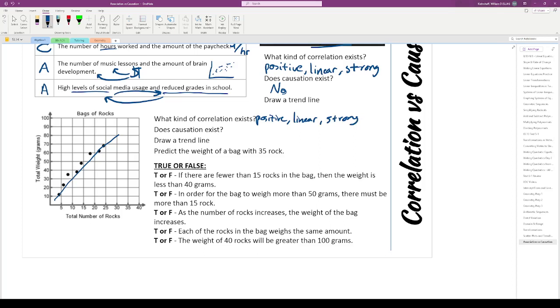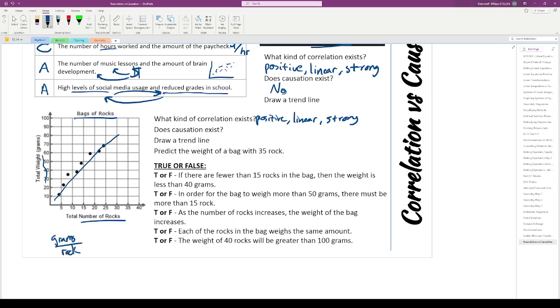Does causation exist? Total number of rocks and total weight. So I assume, bags of rocks. So you think about what this represents. We have a density of rocks, or I guess a weight of rocks. So each rock weighs a certain amount, so we have like grams per rock.